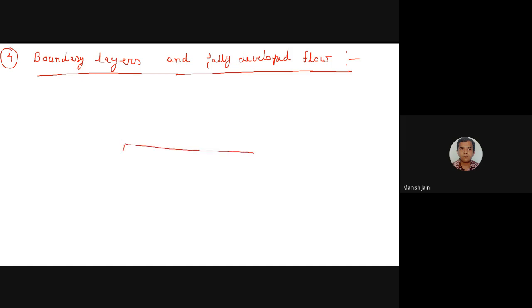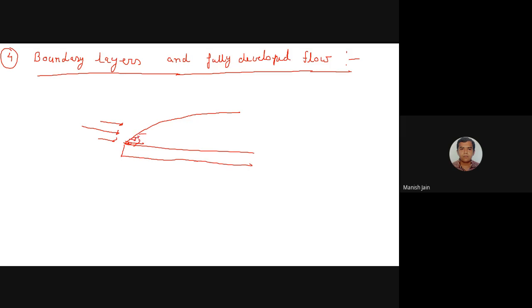So basically, what is the boundary layer? When a flowing fluid comes into contact with a solid boundary, due to the no-slip boundary condition, the solid boundary exerts a friction force on the adjacent layer, and that layer again drags another layer.